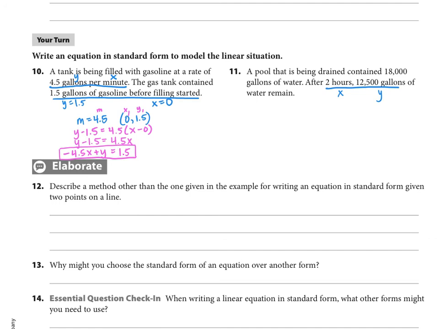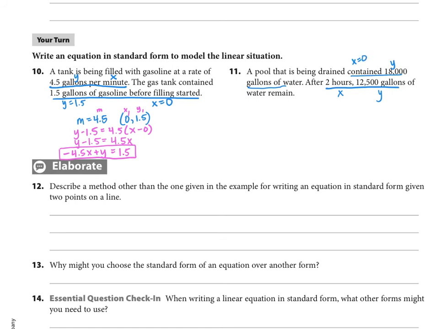And so the first sentence says, a pool that is being drained contained 18,000 gallons of water. So that's going to represent our y, but what's x? Because it doesn't tell us the time. Well, the way that the sentence is worded, we're going to assume that that's at the beginning, right?